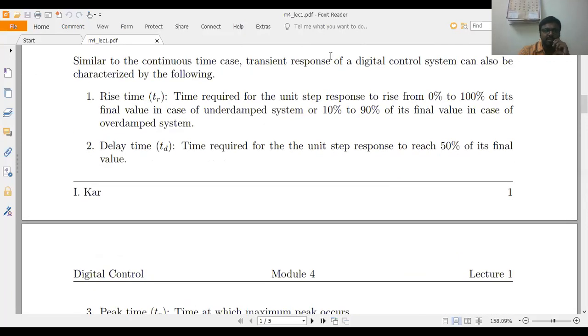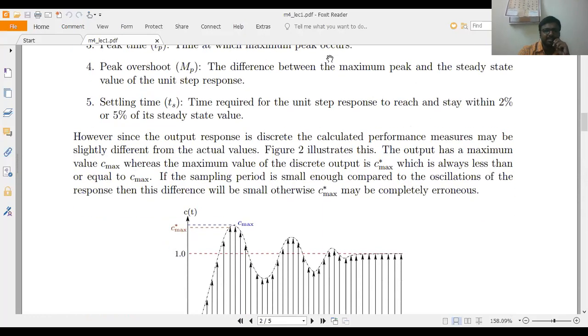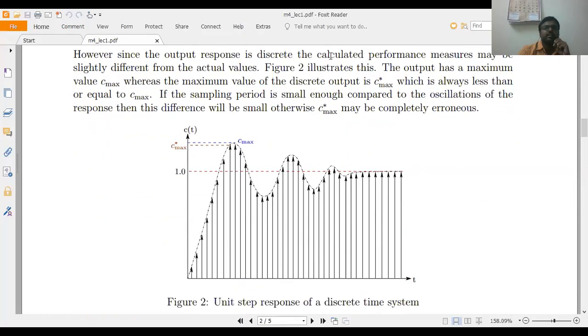So all these specifications are regarding the time response characteristics of a discrete time system. Let us consider this is a unit step response of a discrete time system.